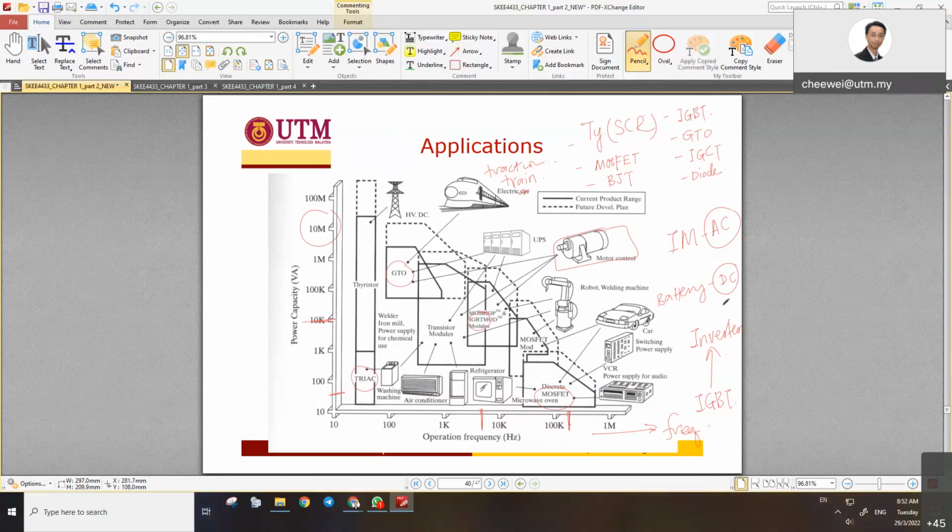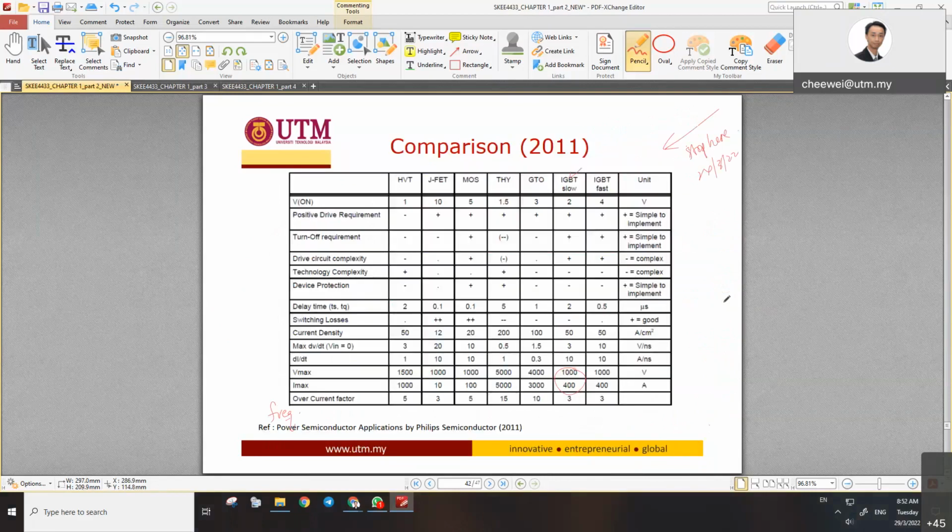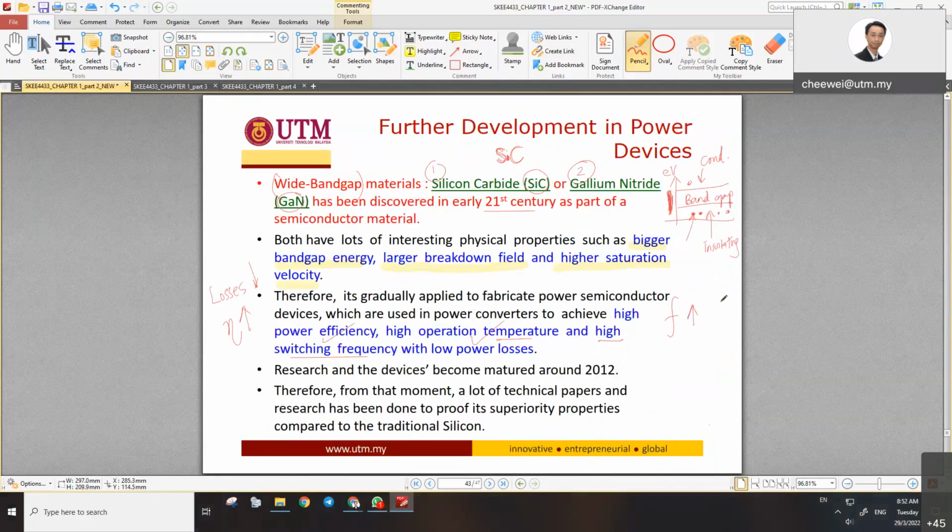Frequency is the number of cycles in 1 second. Anyone knows what is the benefit of having high frequency? It can help to reduce the size of the material, as well as reduce the power losses, provided that the conduction loss is minimal.